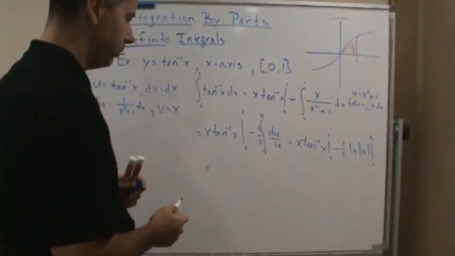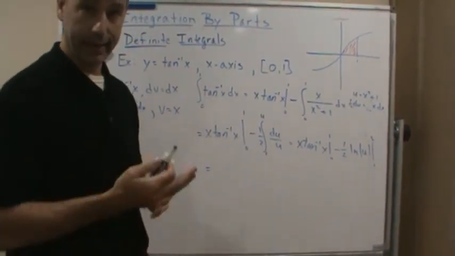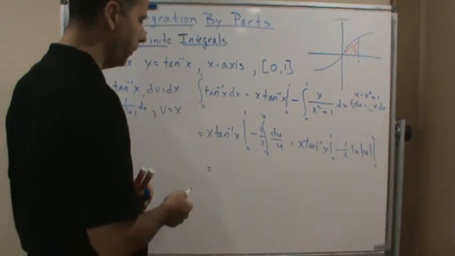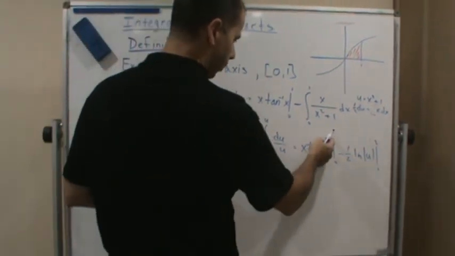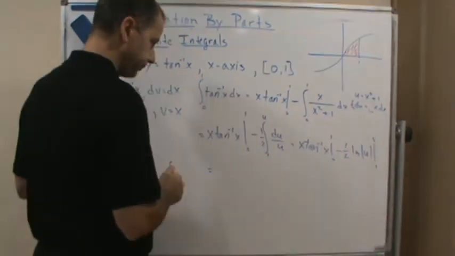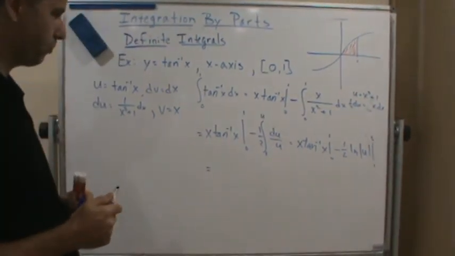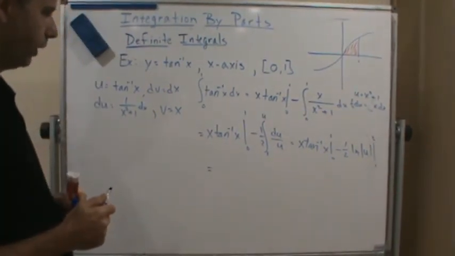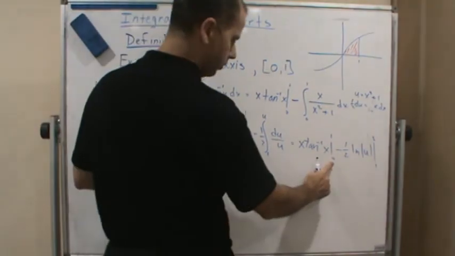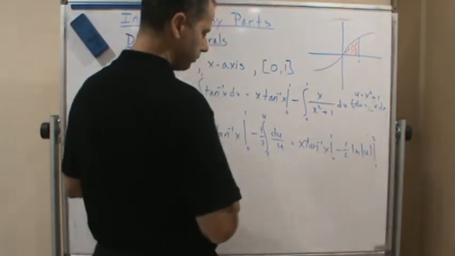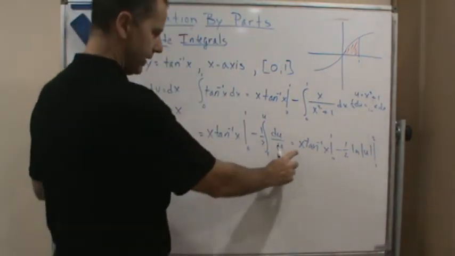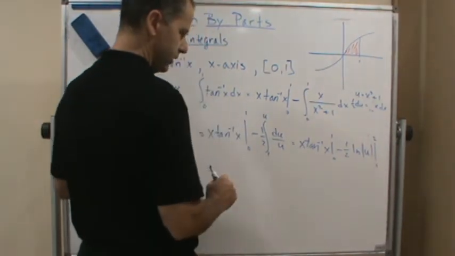And then now we're going to evaluate it at the limits of integration. So at 0, this whole thing is going to be 0, because x is 0, and so we're just going to get 0 here.